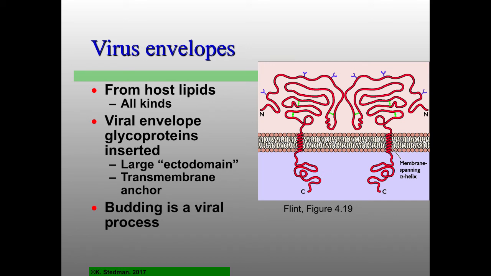Yeah, Alice? Does infection cause different glycosylation patterns in the host cell, or is it usually that they just pick up the host cell membrane as it is and they don't usually encode differences? Okay, I'm not sure I completely understand your question, but I'll do my best to answer it. So basically the question is, where does the glycosylation that ends up on these virus glycoproteins come from? Is it a cellular glycosylation process or is it a viral process?